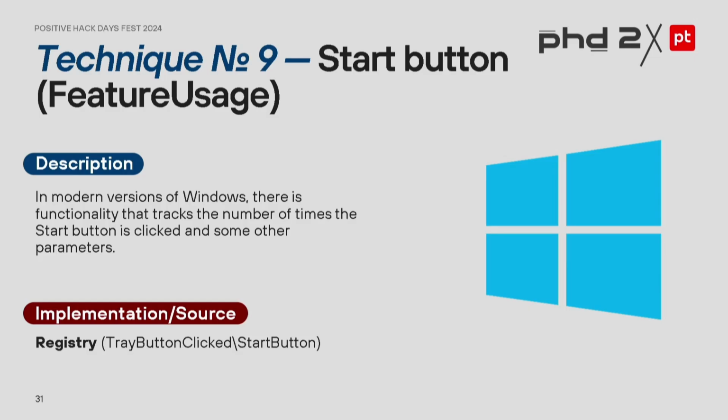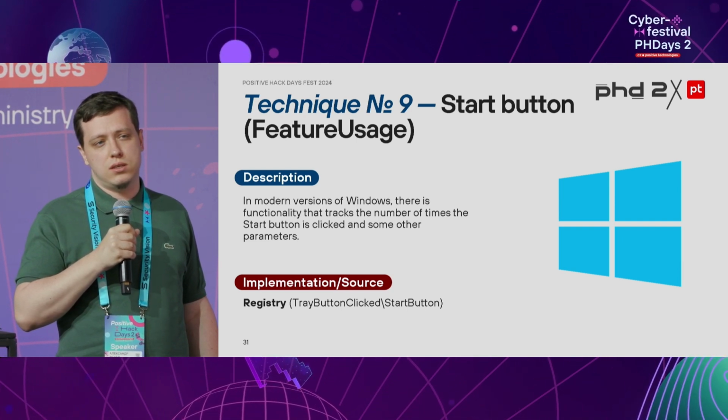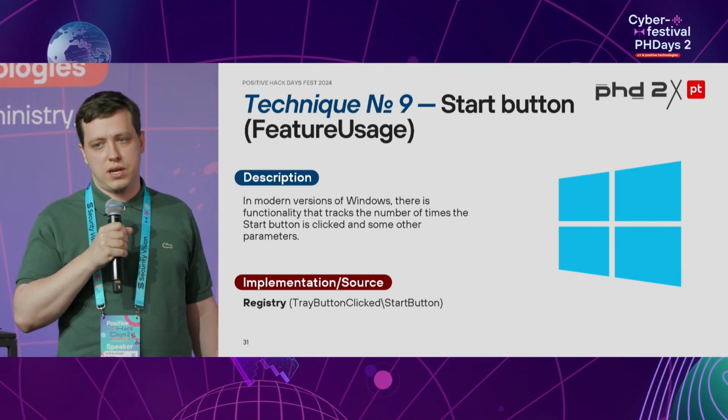Technique number 9. Windows 10 and 11, the latest versions of Windows, have a function called feature usage, and it's got something special built in.